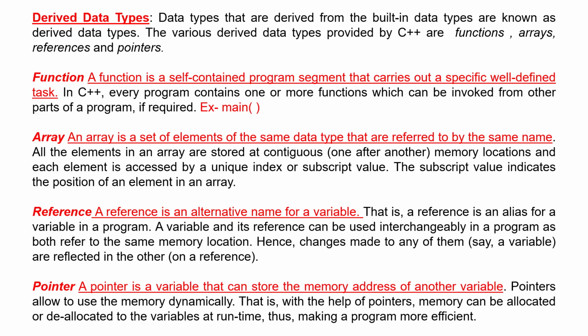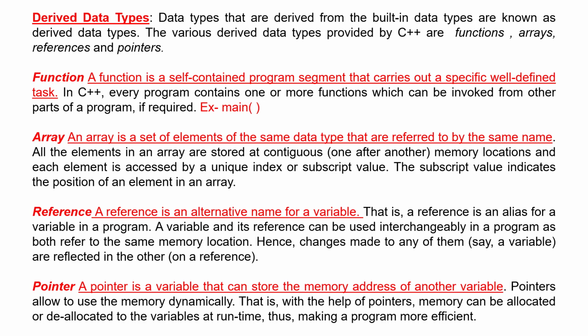In the case of an array, an array is a set of elements of the same data type that are referred to by the same name. If you have to collect or input the ages of the students in a class, all of them are the same kind of data, age, but of different persons.